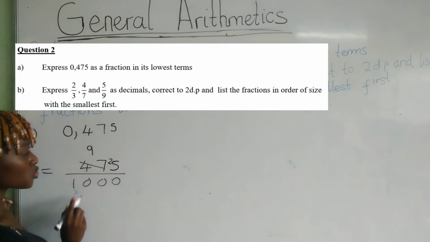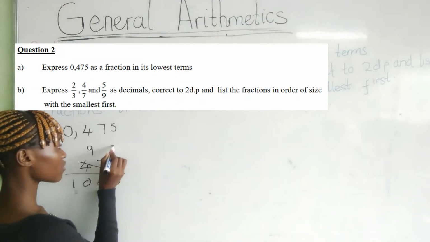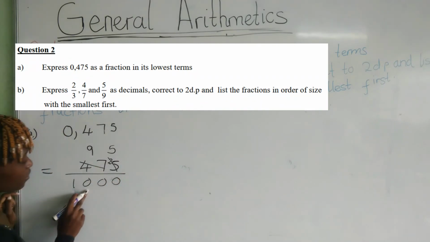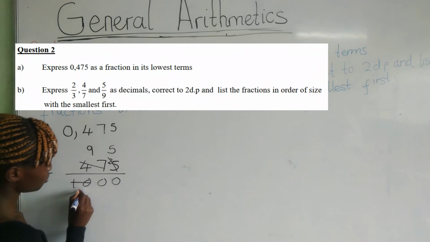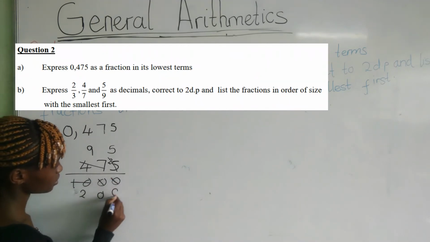Then 5 into 25, it gives us 5. Then 5 into 10, it's 2. 5 into 0, it's 0. 5 into 0, it's 0.